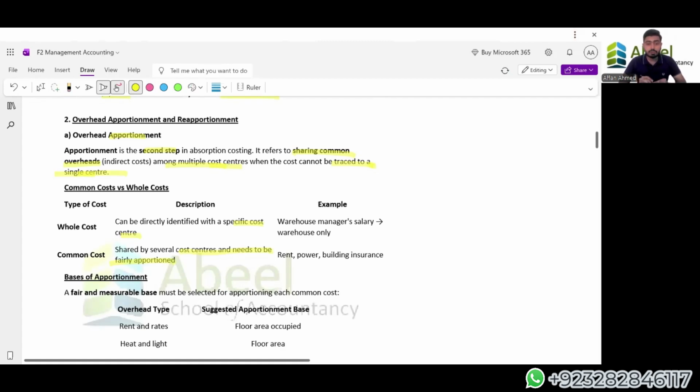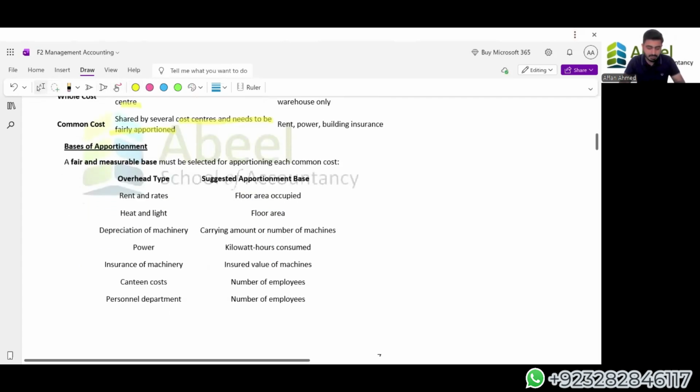Now, basis of apportionment, what is it? What do we discuss in basis of apportionment? Basis of apportionment gives us the idea of a fair, measurable basis upon which we can divide the cost among departments. Let's say rent. Rent is based on what? Rent is based on the area that we have.